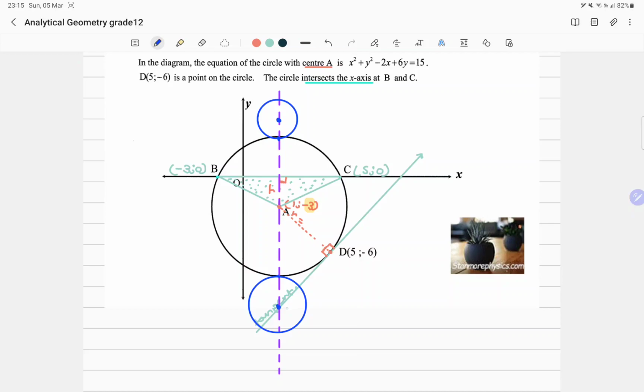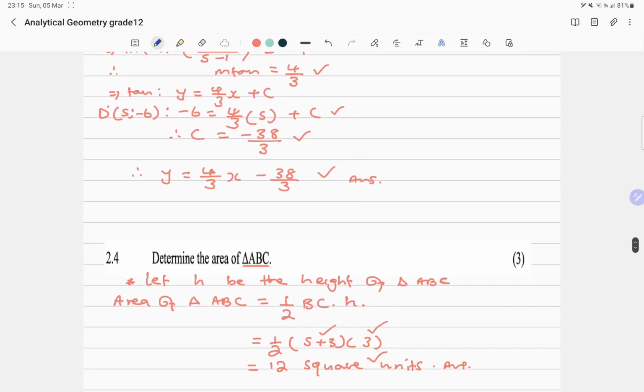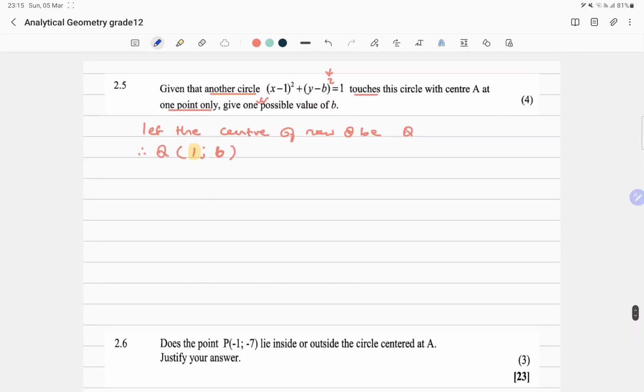So we said the center will become center Q. Q can be there, can be here, it doesn't matter. So this circle is like that. And then of course, the radius of that circle, because we were given the fact that it is 1.